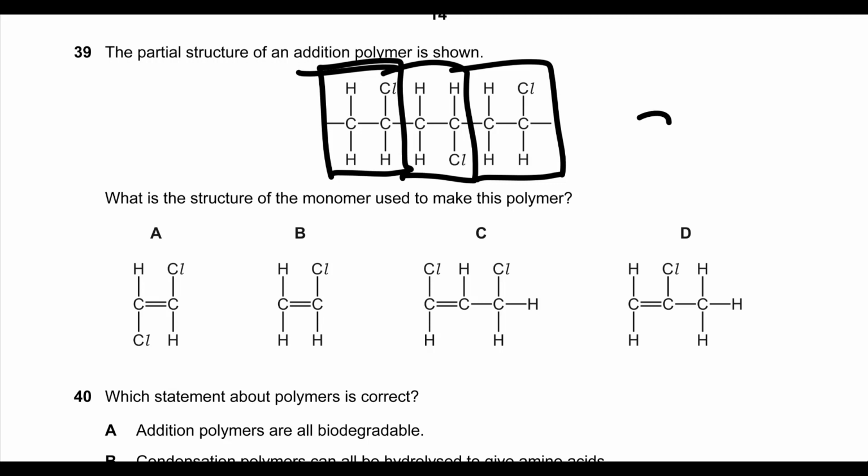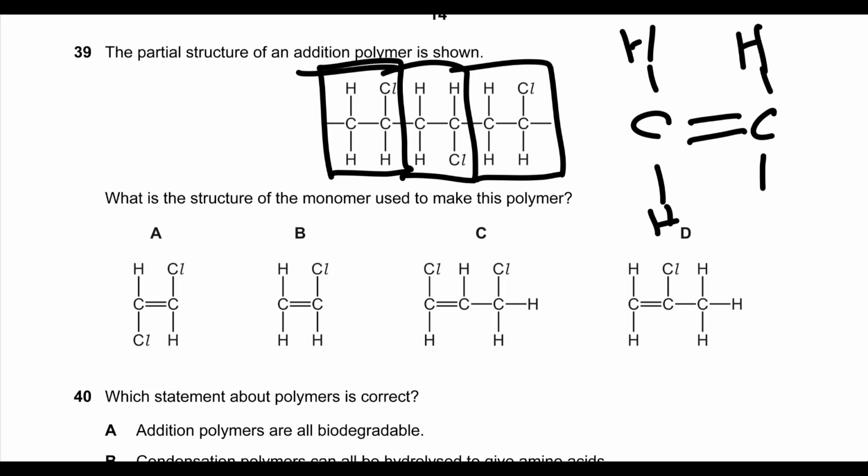That means each part contains two carbons with a double bond between them, with one hydrogen, and could be this one H and this one Cl, or Cl and H. That means you may put here Cl and here the H. It doesn't matter. The position of these atoms doesn't matter. So which option fits this one?